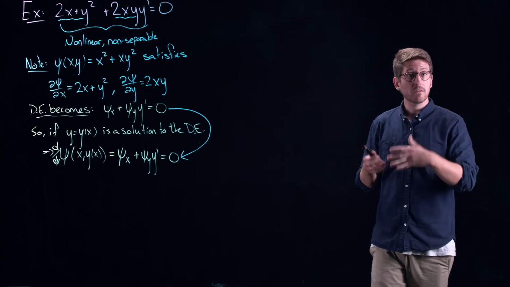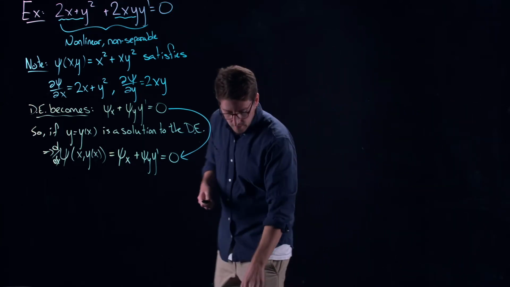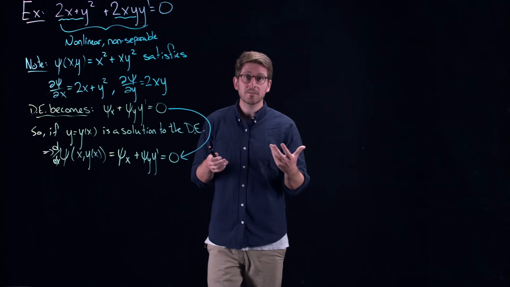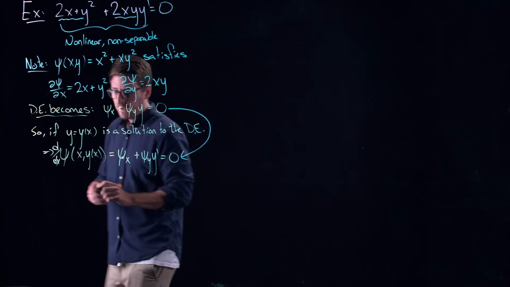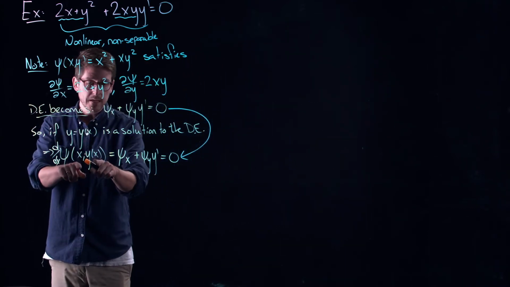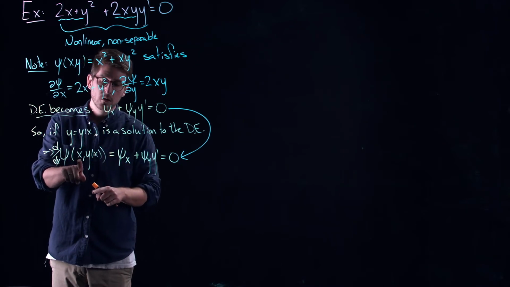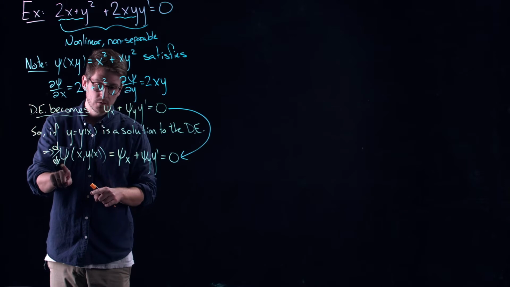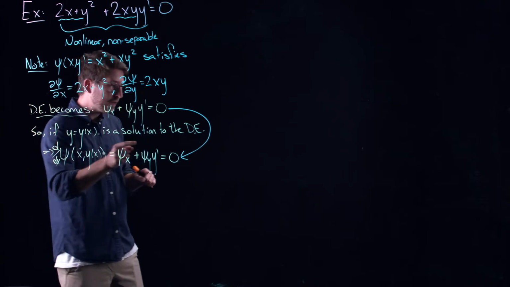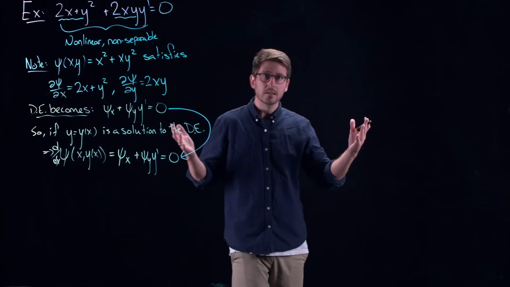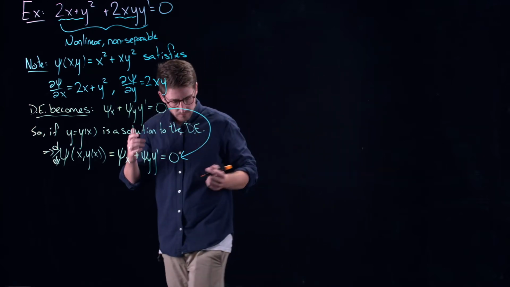If you think back to your calculus class, functions that have zero derivative are constant. And so what this means is that if I take a solution of the differential equation and put it into my psi function, then along that solution, psi is constant. It takes just one value.